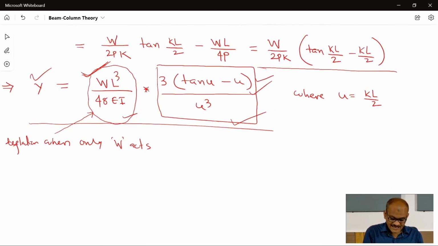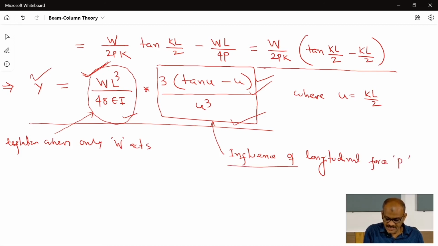You can write here, this part is the influence of longitudinal force. Longitudinal means axial force, yes. Longitudinal force means axial force.